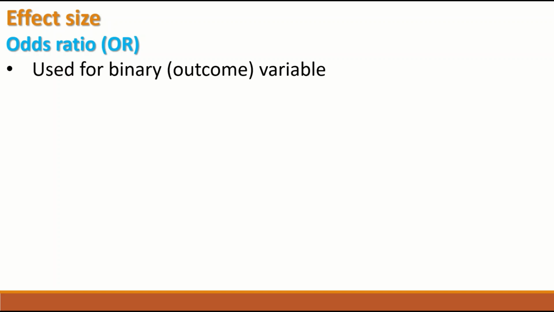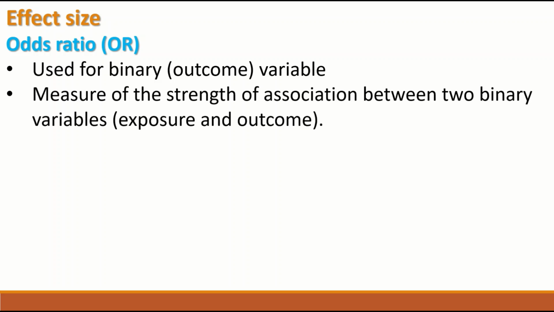Now, moving from continuous data, in which the mean and the standard deviation are measured, to binary data that have an outcome which is binomial, which has two levels in it. One of the effect sizes can be calculated using the odds ratio. It is used for a binary outcome or binary variable.